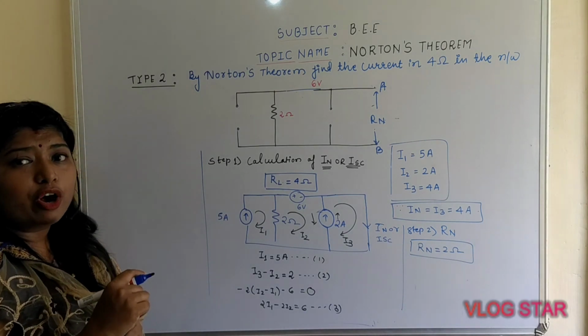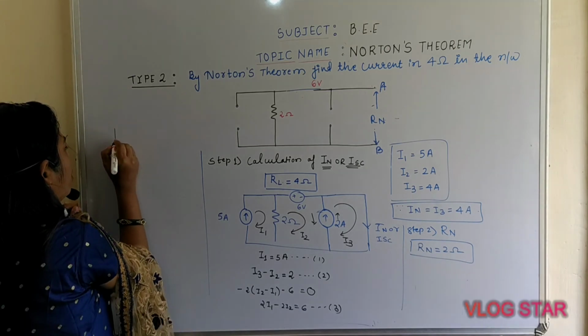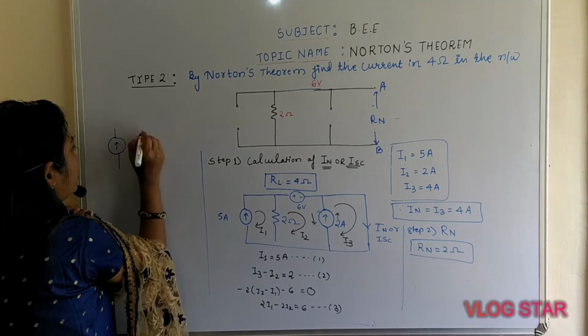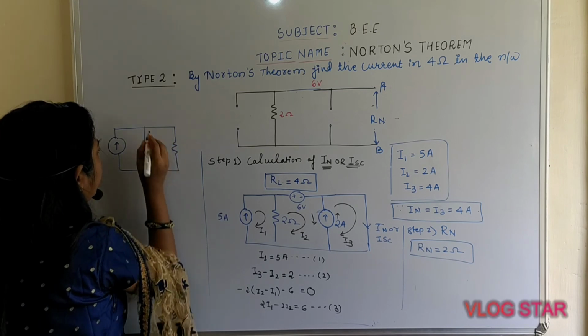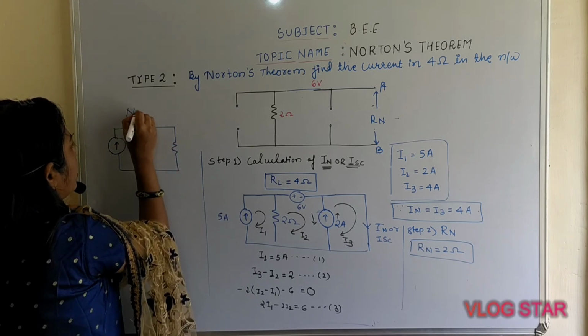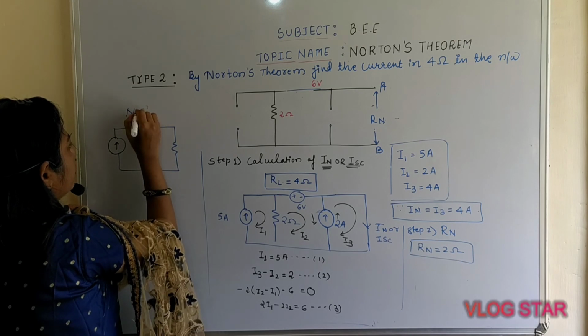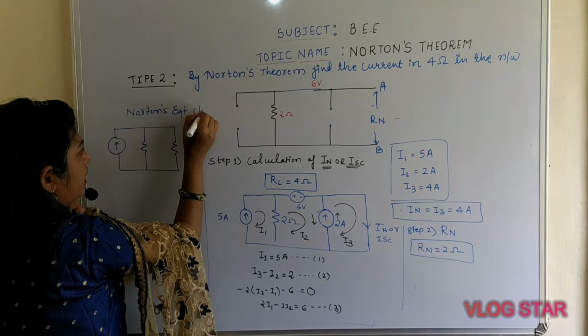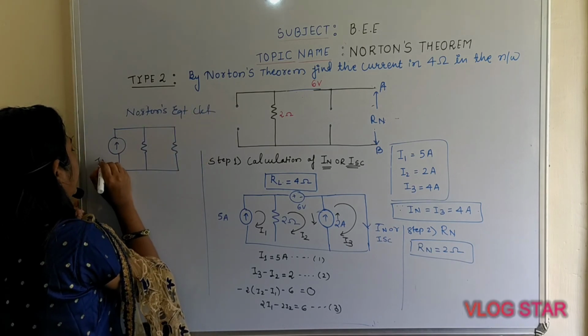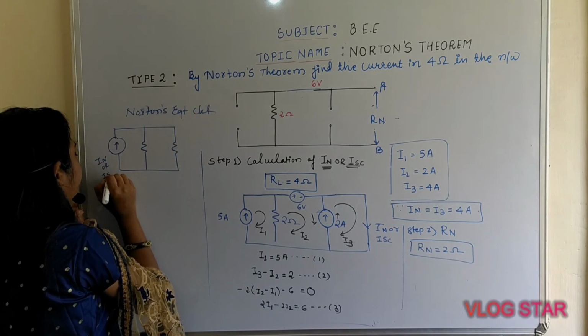Coming to the next step, what do you need to do? You have to draw Norton's equivalent circuit. Do you remember how to draw the Norton equivalent circuit? This is the Norton equivalent circuit. Here you need to write IN or ISC.